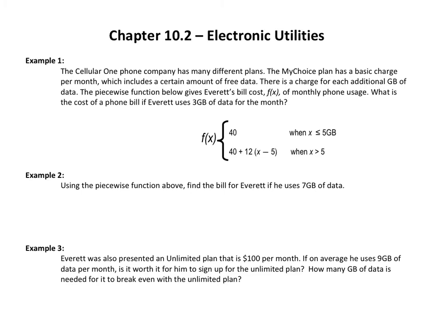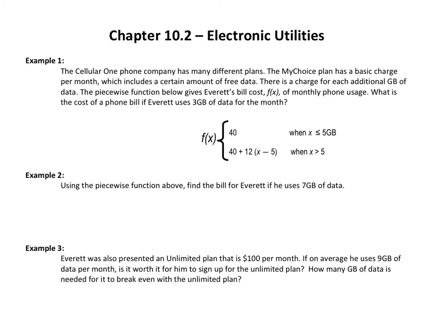Now, if you go over 5, like 6 or 7 or 8, it becomes a whole new function. So to figure out what your bill is, you need to look at how many gigabytes you used, then figure out what function you need to use, and plug that in for X. That is what a piecewise function does. It has different pieces to it.